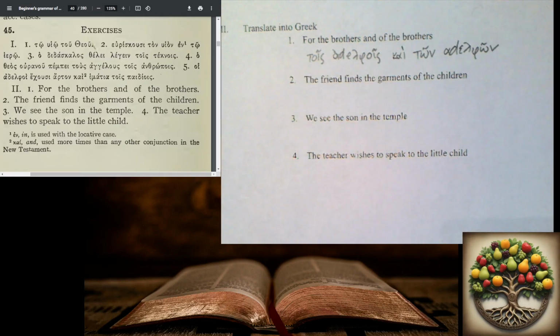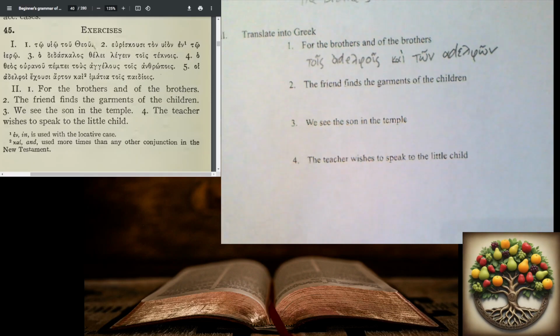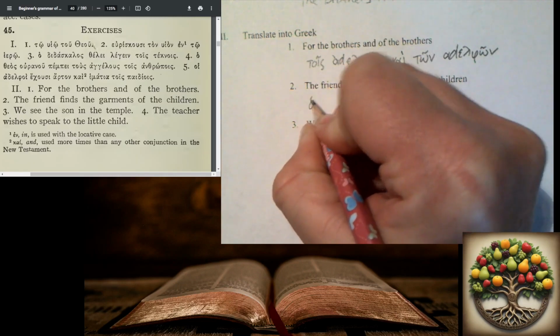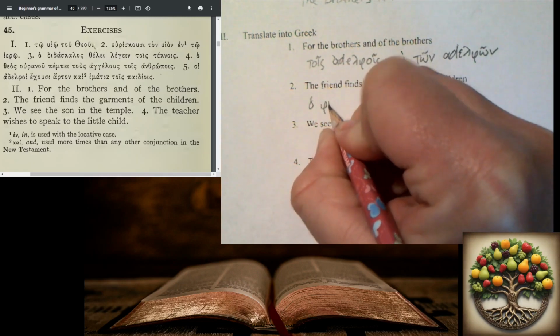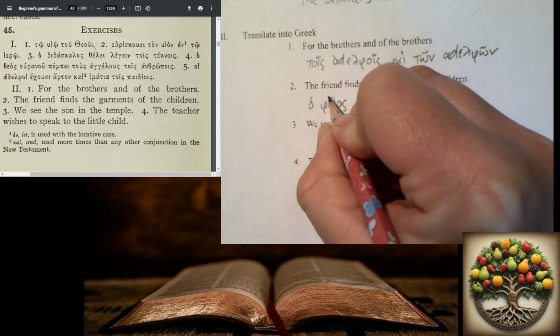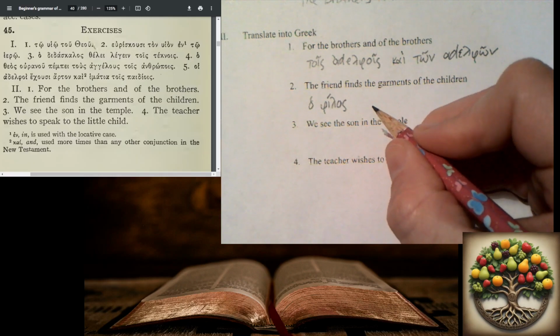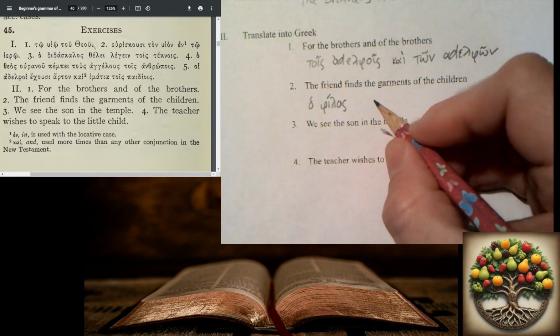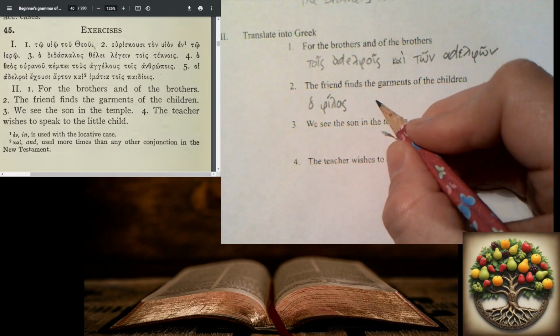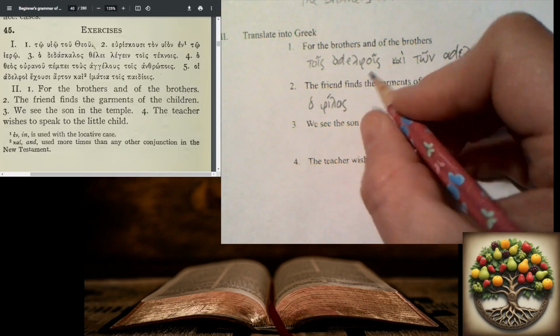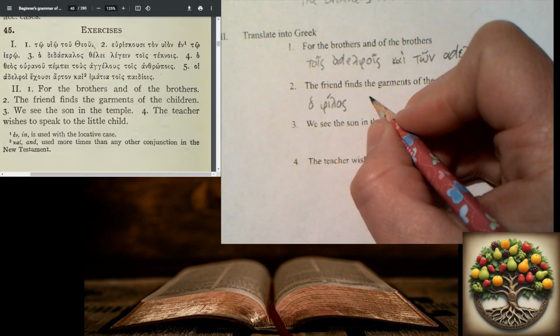Number 2, the friend finds the garments of the children. So the friend is just going to be in the nominative singular. And now we need the word for find, which is heurisko for I find. We need to put it in the third person singular for this friend here. So it's going to be heuriskei.